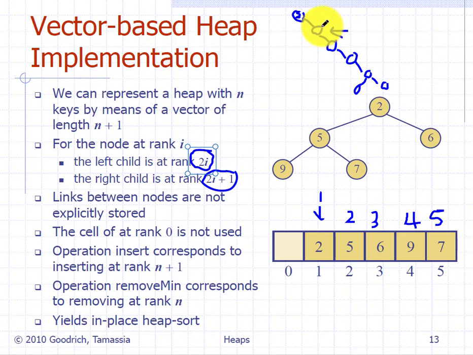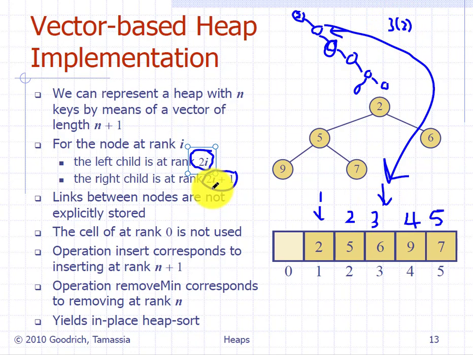This would be at position 3. Okay, can you guess where its right child will be? If this is position 3, it will be 3 times 2 plus 1, which is 7. That's going to be position 7, so it'll have to come here. But my point is that for this case, it was inefficient to have this vector-based implementation of a heap.